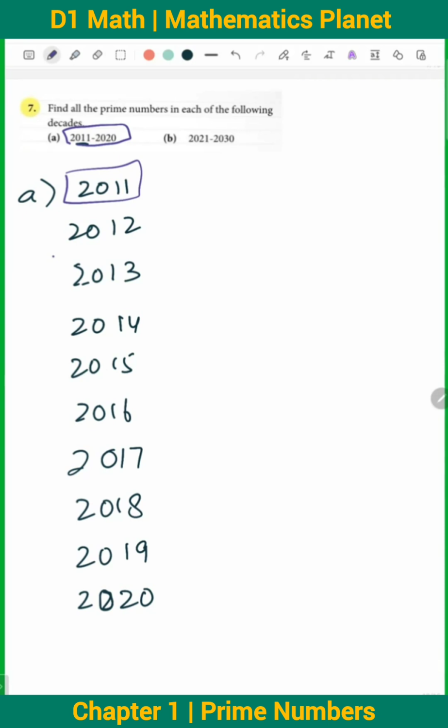When we do the factorization, 2 times 1006 is 2012. So 2012 is not a prime number. Tell me which next number in this list is a prime number. No. 2011 is a prime number.